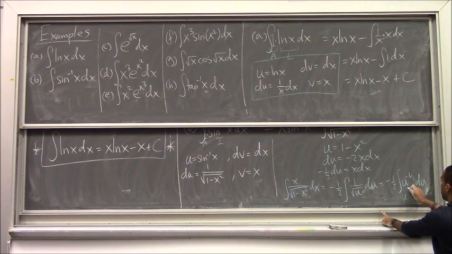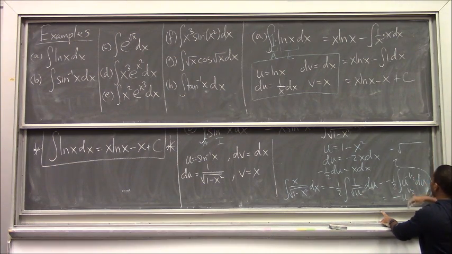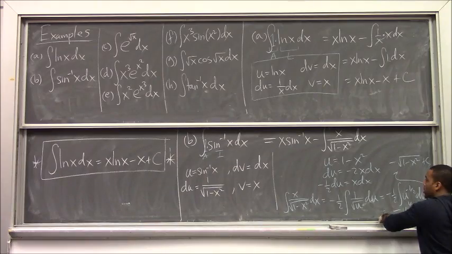So you add 1 to the power, which gives you a positive half, divide by the new power. So you get 2, which is going to cancel this, it's going to become minus that. C. So this actually is going to become just the negative square root of 1 minus x squared plus C. And you can swap that in.